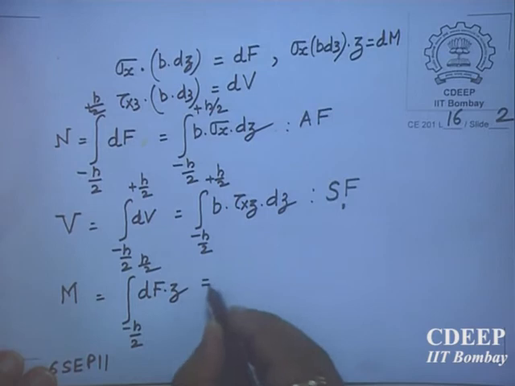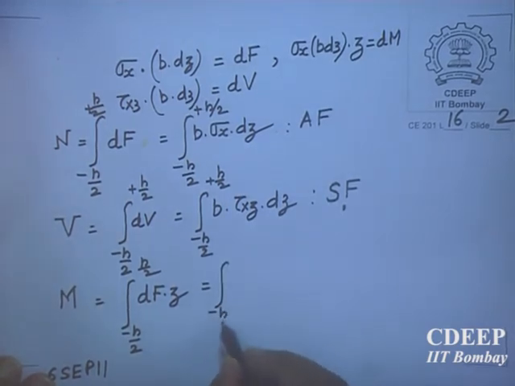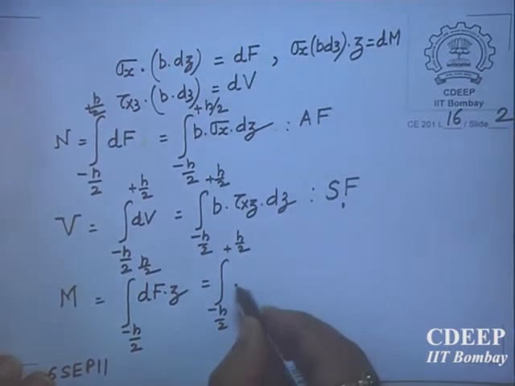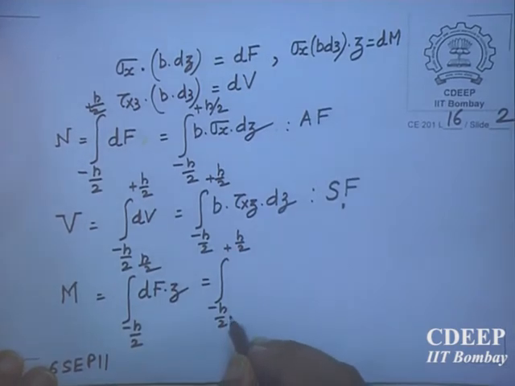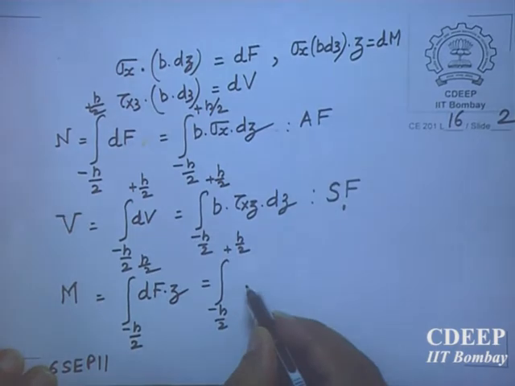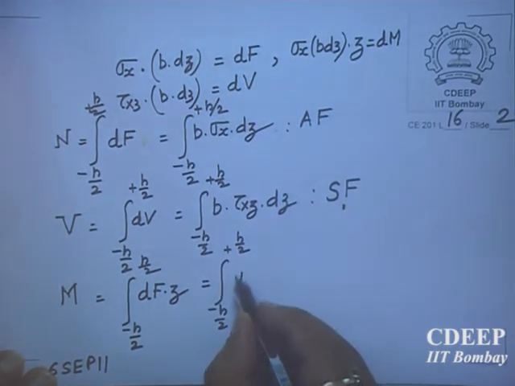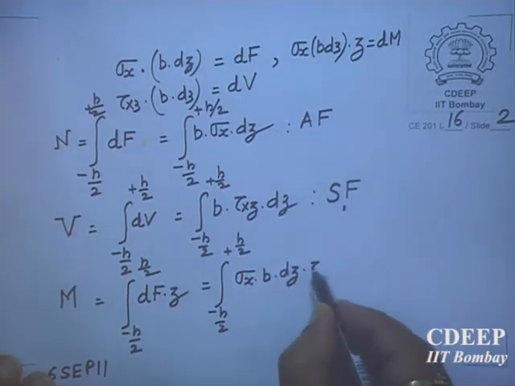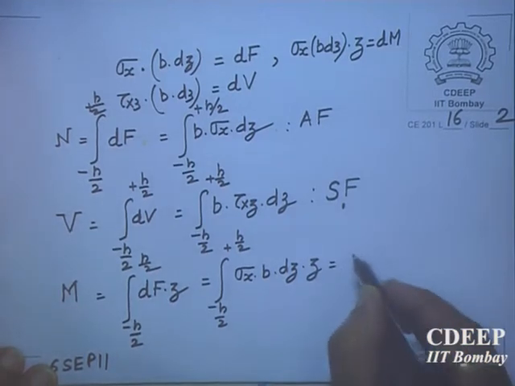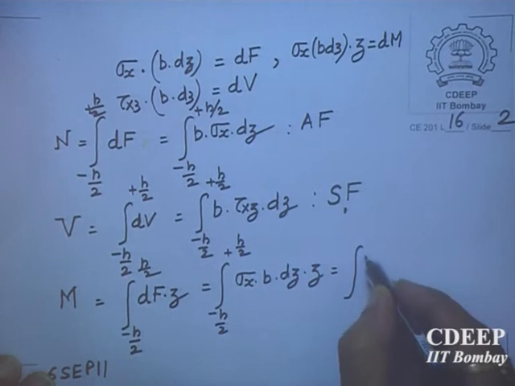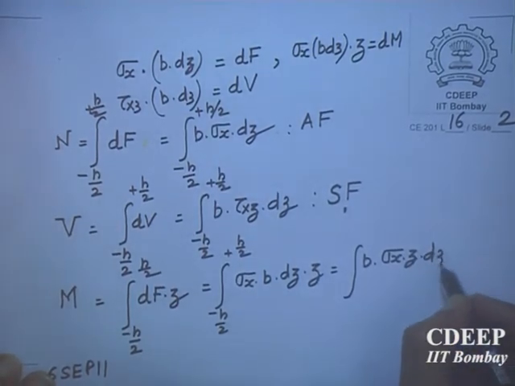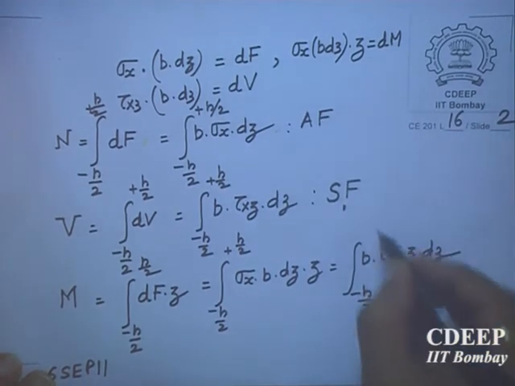So that one comes out to be the integral from minus h by 2 to plus h by 2 of b sigma x z dz, since dF is sigma x b dz, into z.